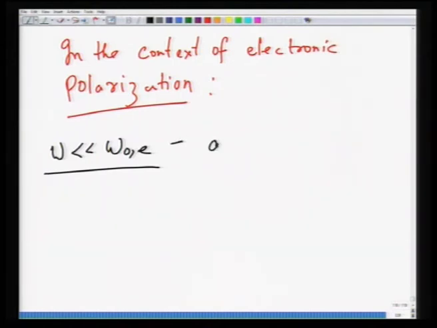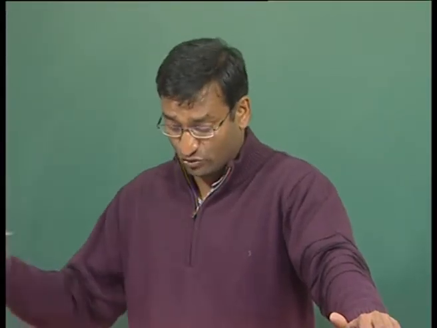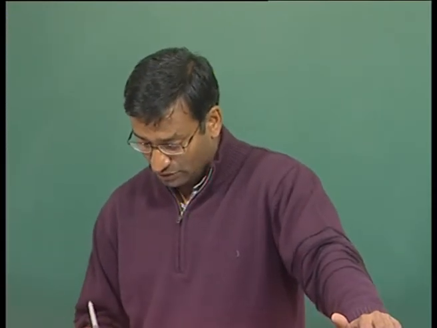As a result, all the dipoles contribute, oscillating in phase with the applied field and contributing completely to the dielectric constant. And if omega is much greater than omega naught E, then the field is switching too fast for the charges to switch back and forth. As a result, no contribution.